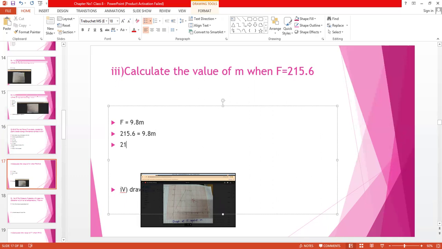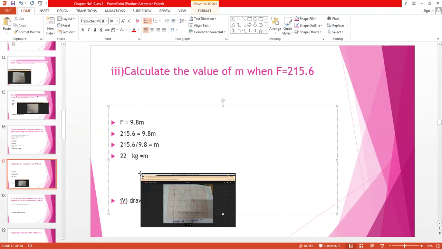So 215.6 divided by 9.8 is equal to M. Now calculate 215.6 divided by 9.8. What will be the answer? 22 is the answer. And for mass, I've used its unit, that is kilogram. So it is equal to m.